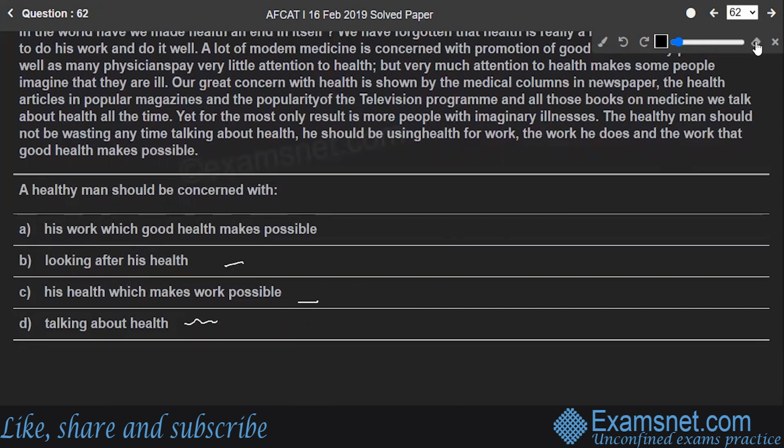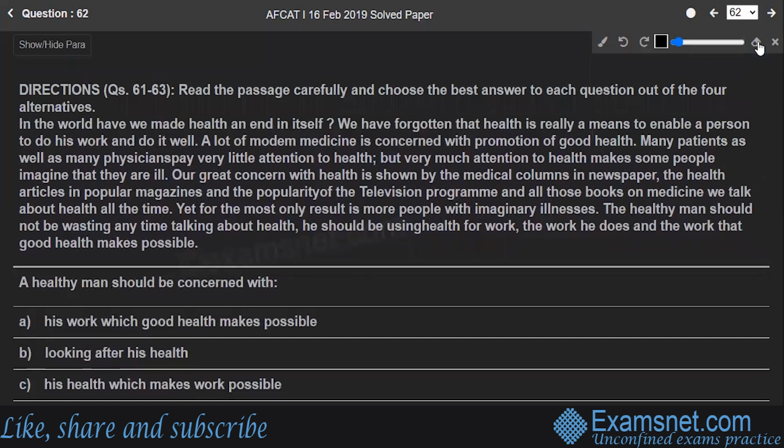If I'm referring to this paragraph, it says, the healthy man should not be wasting any time talking about health. He should be using his health for work. So a healthy man should be concerned with his work, which good health makes possible. So we have again option A as the answer.